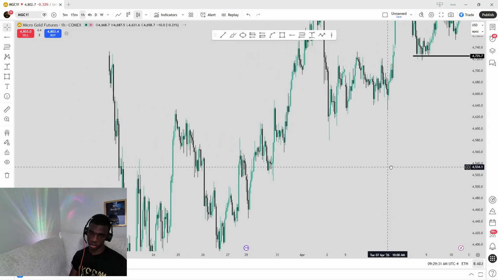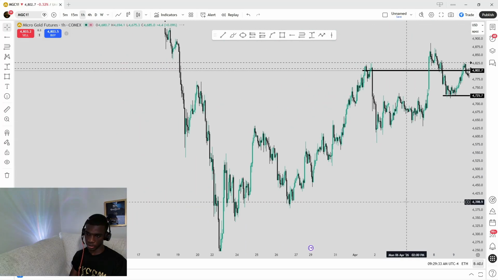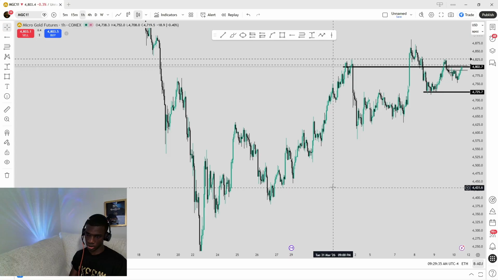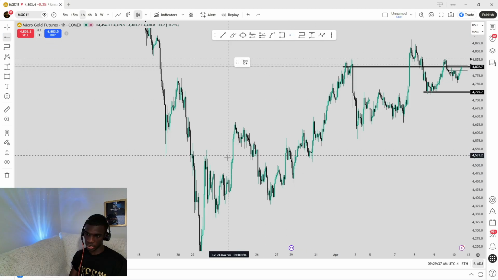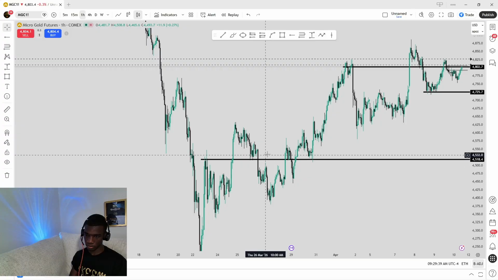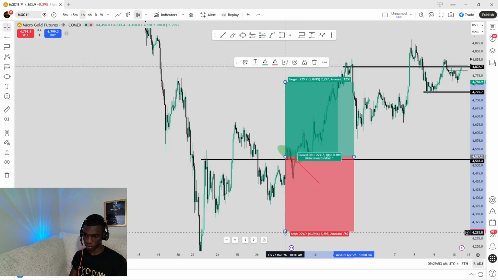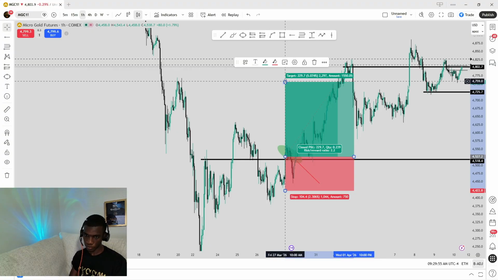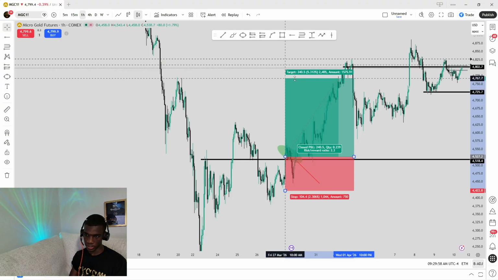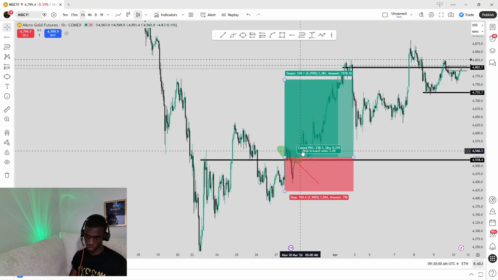Let me just show you guys this move here. Because of a prop firm, I entered here above this level. I entered somewhere in this region here. Stop loss should naturally be below this last low, and I was aiming for that high there, right?